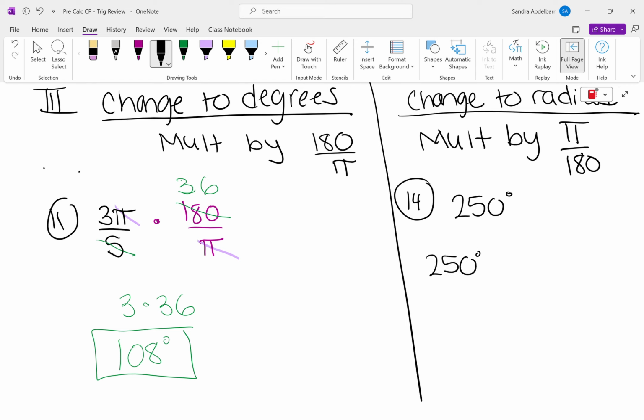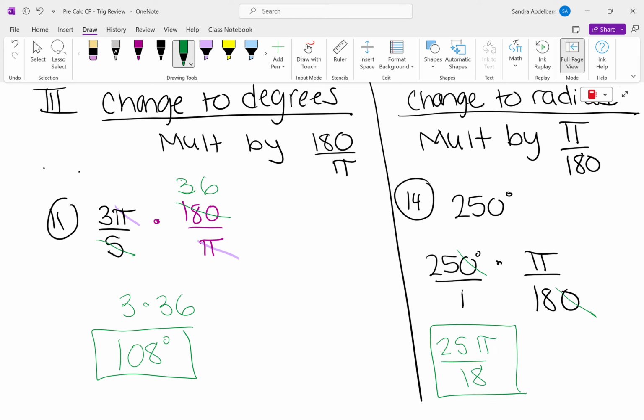If I have 250 degrees, I take 250 degrees, multiply by pi over 180, and then cross simplify as much as I can. I cancel out those zeros, and I'm left with 18 and 25. Is there a number that goes into 25 and 18? No. So this is just going to be 25 pi over 18.